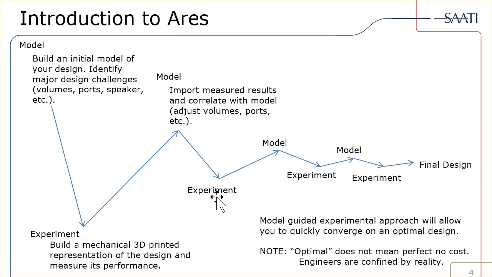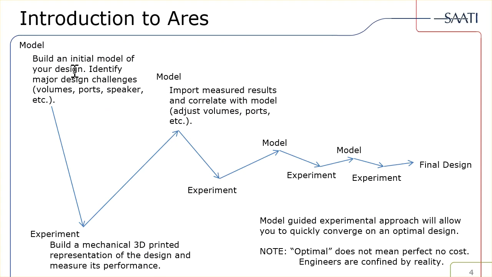You'll build a new 3D model, measure its response, correlate it to the model again, and iterate back and forth probably a few more times until you arrive at a final optimized design. Now, it's been my experience that this model/measurement approach gets you to a final design much quicker than if you just relied upon a model approach or if you just relied upon an experimental approach.